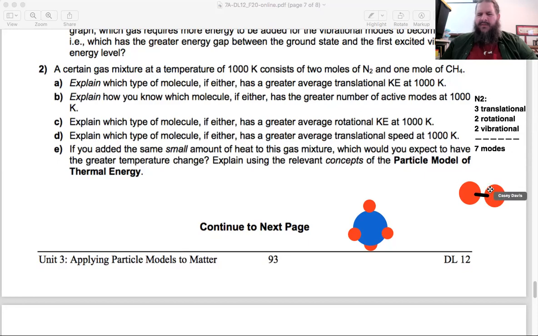But if you take a look at what's going on inside the molecule, the individual atoms could be vibrating against each other. And as they vibrate, based on the Lennard-Jones potential graph we've seen, the bond acts almost like a tiny invisible spring. However, that's just one dimension, just one single spring, so one dimension worth of vibration.